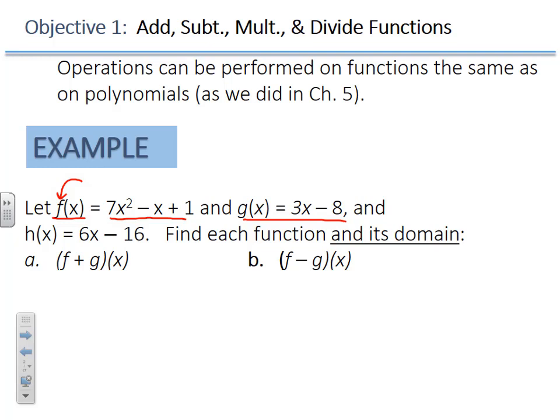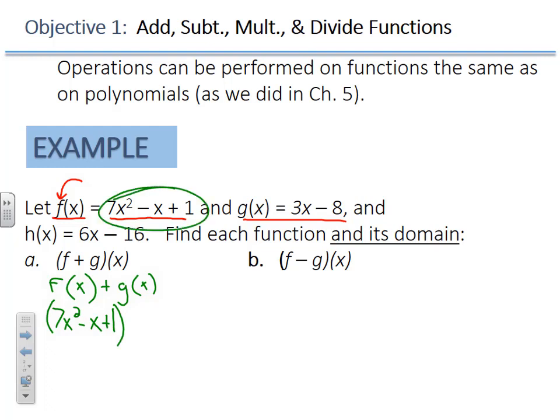This notation f plus g of x simply means we want to take the function f of x and add on to it the function g of x. And that's as easy as adding those two expressions together. So that's the same as 7x squared minus x plus 1, our function f of x, and we're going to add on to that function g of x, which is 3x minus 8.